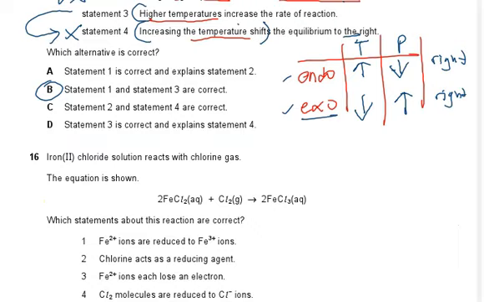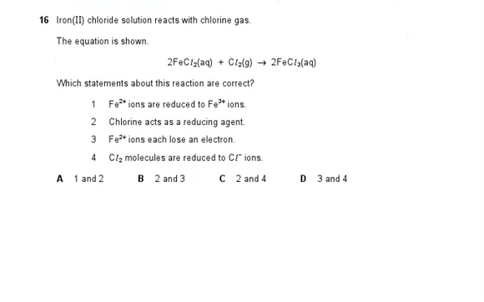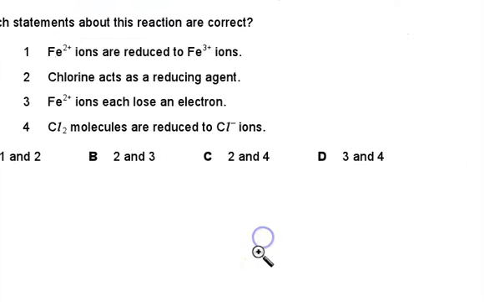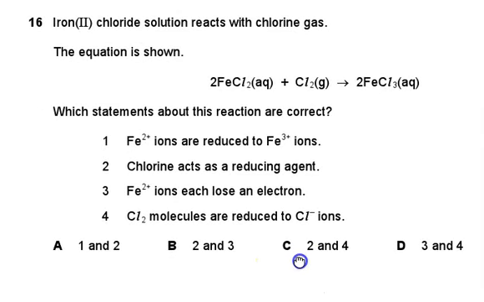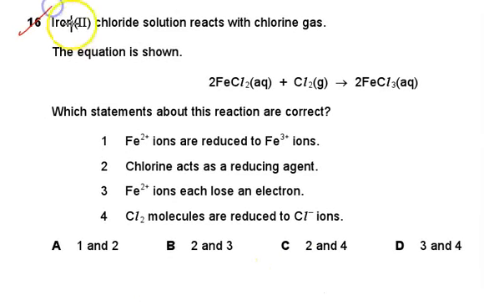Okay, now let us look at number 16 here. So for number 16, iron(II) chloride solution reacts with chlorine gas. The equation is shown below here. Which statements about this reaction are correct? So we have iron(II) reduced to iron(III).